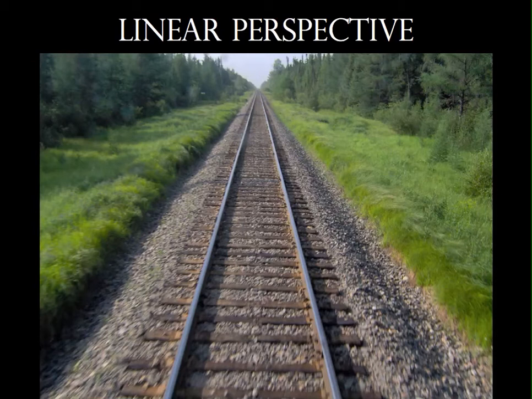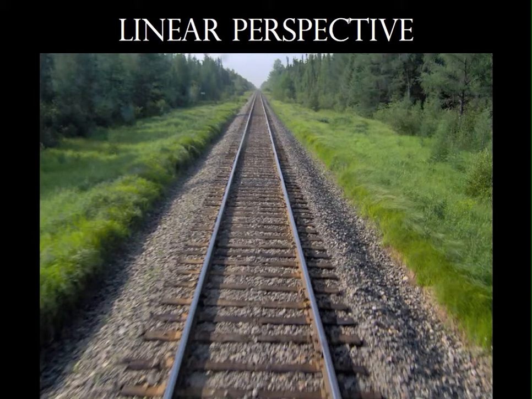The best way to describe linear perspective is through the use of railroad tracks. We all know railroad tracks are parallel. Otherwise, trains would fall off the tracks. But here, the tracks look like they're converging on that point in the distance, and that point is the vanishing point. And so it provides us with a very unique conundrum.